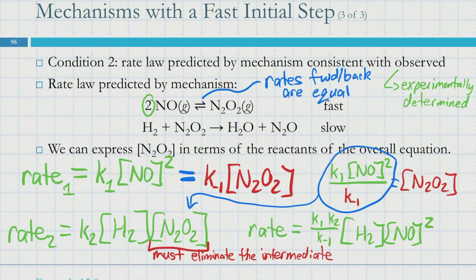This looks pretty similar to our overall reaction or our overall rate equation, except for one thing. What's our one thing that's different? The K's. All the K's. So the K's, since they're rate constants, these are basically just numbers that have to do with the rates of different steps.